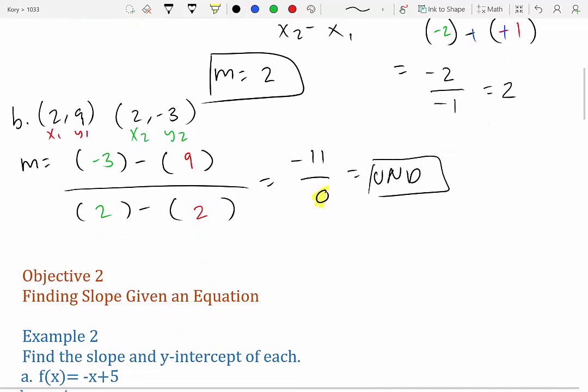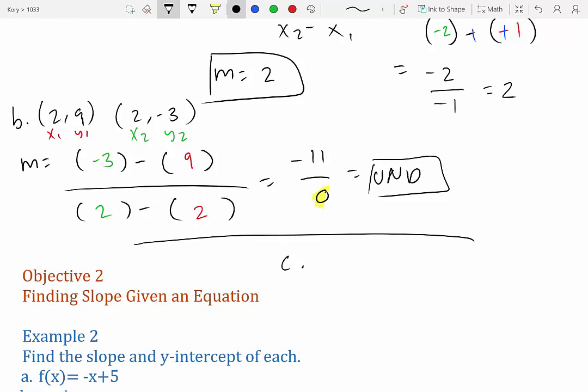Now, moving on to C. x1, y1, x2, y2. Same formula.